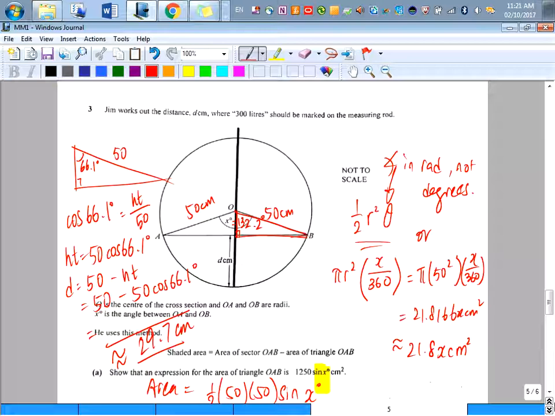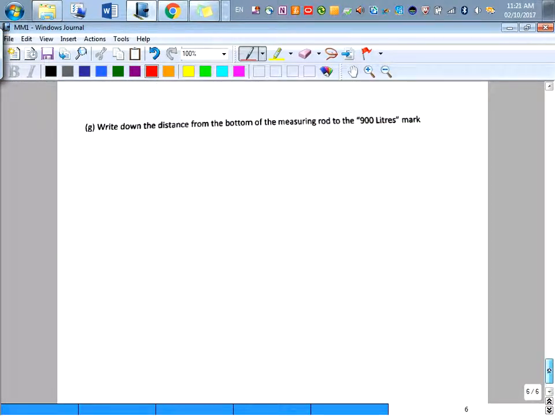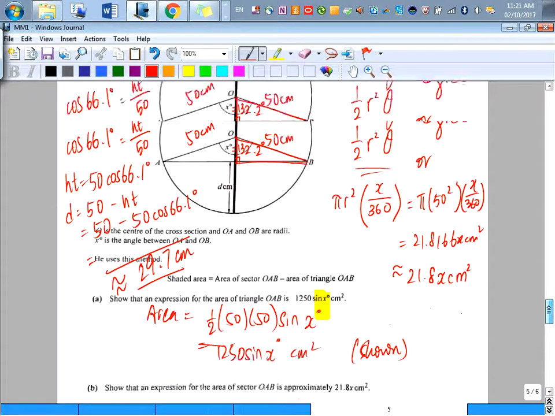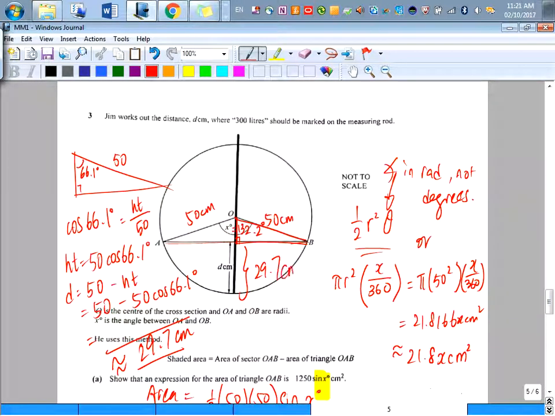Okay, done. Then we move on to the last one. Write down the distance from the bottom of the rod to the 900 liters mark. So now we know for 300 liters over here, the height will be 29.7 cm. The halfway mark, 50 cm, corresponds to our 600 liters. Now if I want another 300 liters, which means a total of 900 liters, then this height over here must also be 29.7 cm.